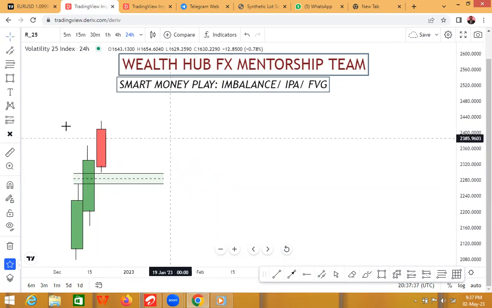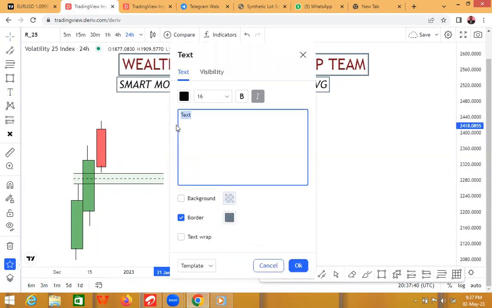By way of definition, I'll define imbalance as a gap in price action which indicates insufficiency.